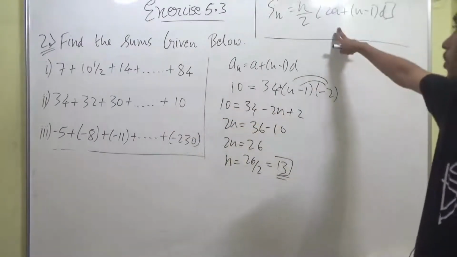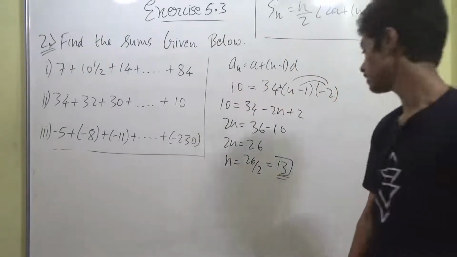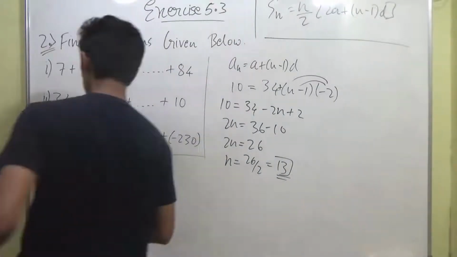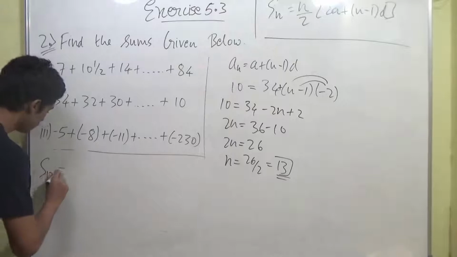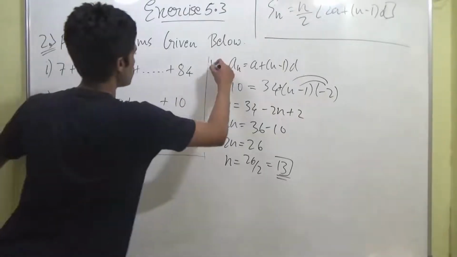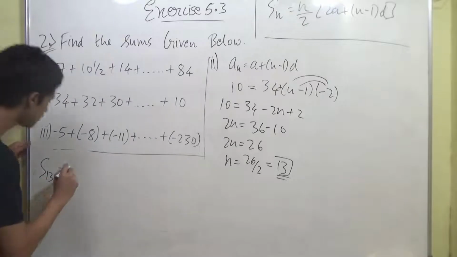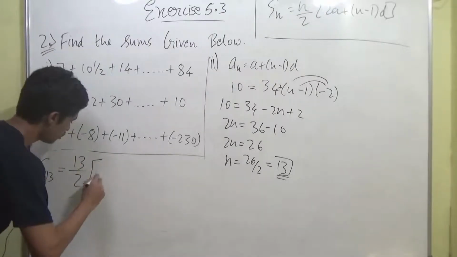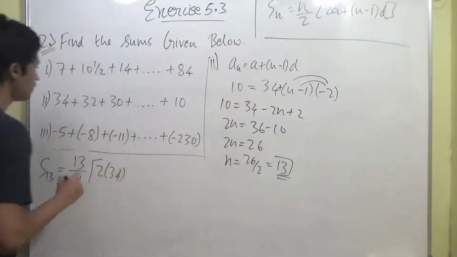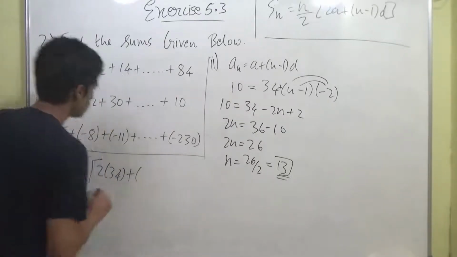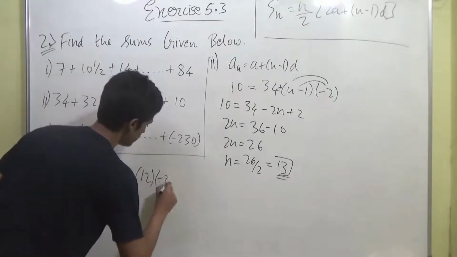Now we'll apply this formula on that AP to find the sum of that AP, right? So S of 13, this is the second sub question, equal to n by 2, that is 13 by 2, into (2a, 2 into 34, plus (n minus 1), n is 13 minus 1, that is 12, into d, which is minus 2).